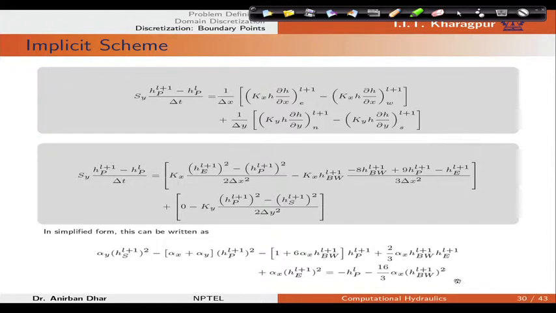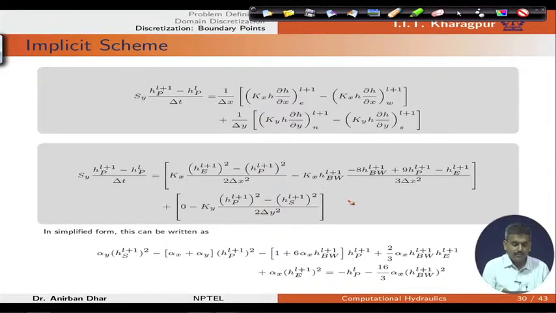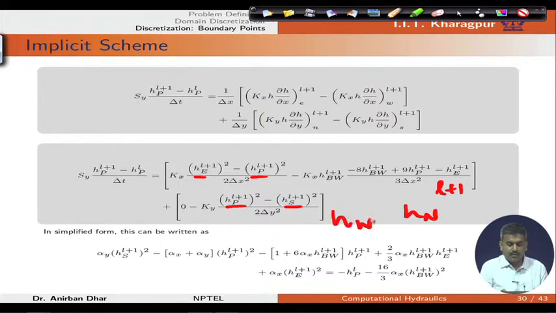So, if we apply that, in this case interestingly we do not have any W term, only E, P and S, that means no northern term or H n L plus 1 or H w L plus 1 here.